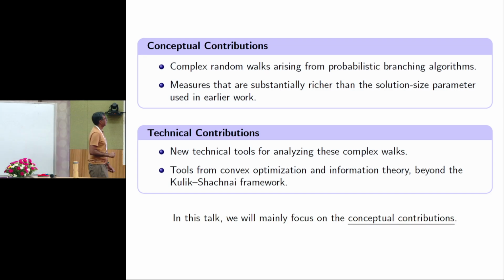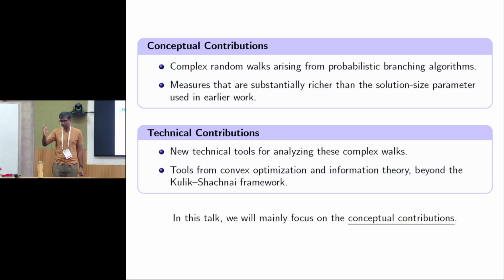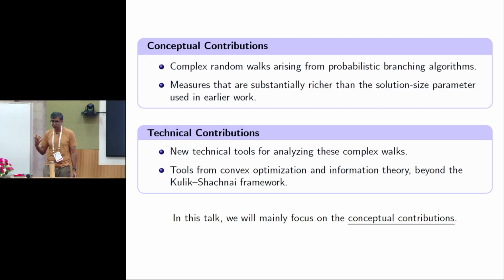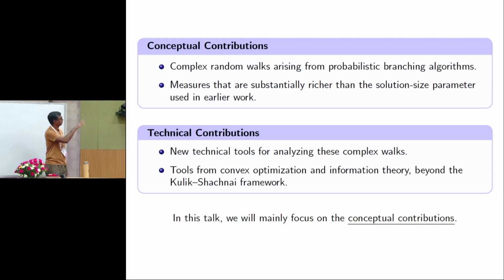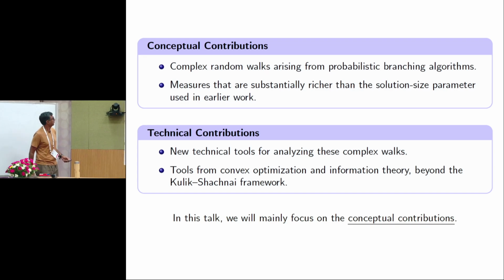And as for measures, people always used measures like k, the solution size, but now we can analyze measures which are substantially different from just solution size. Okay, so all of these may seem not very concrete, but I will make each of these lines concrete in the next few lectures.